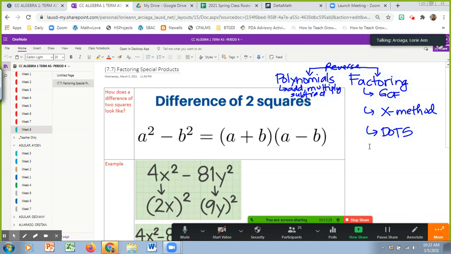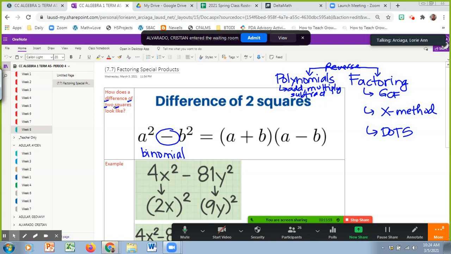So what is dots? It's called dots because, as you can see from the name itself, D stands for difference because you see a minus sign. The 2 means it has two terms, so it's a binomial. They're twins. The O is from the "of 2," and S is for squares. Why squares?